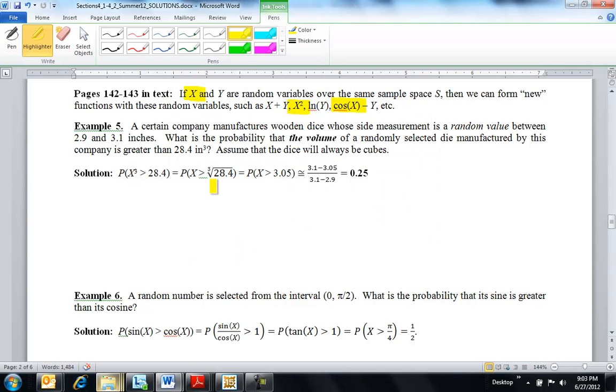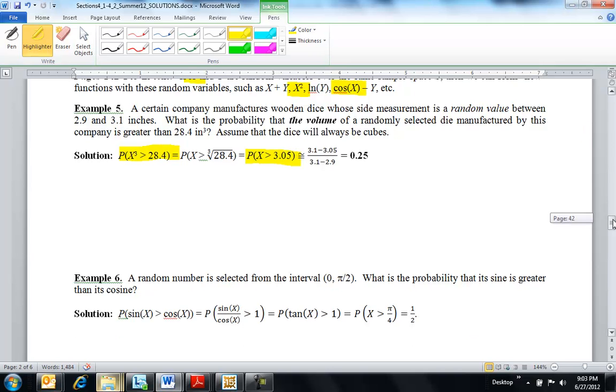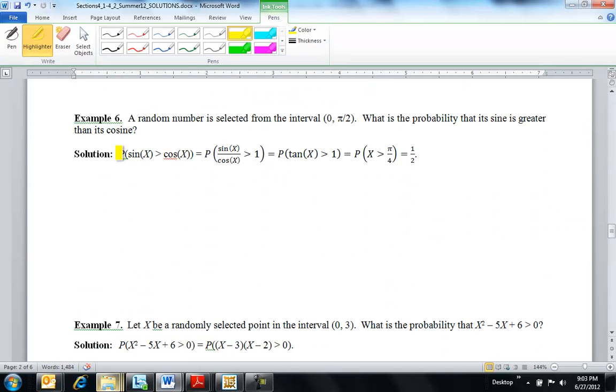For example, if I know the length of a side of a cube, I might ask something about its volume. So what's the probability that x cubed is bigger than 28.4? Just put the statement in terms of x again. If you have a statement in x cubed, square root of x, or cosine of x, just use algebra to change it over to a statement about x, and then calculate probabilities. For example, on 0 to 2 pi, what's the probability that sine x is bigger than cosine x?